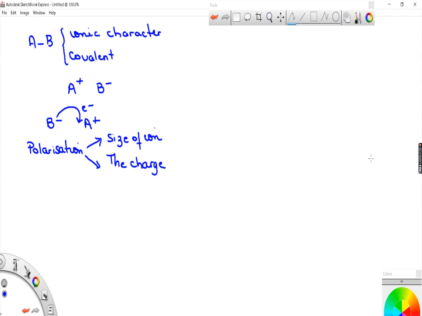In organometallic chemistry, we are not interested in the size of M and the size of the ligand because we have a lot of exceptions.